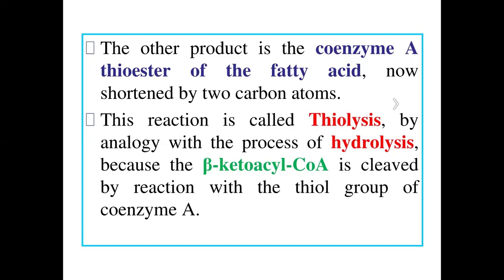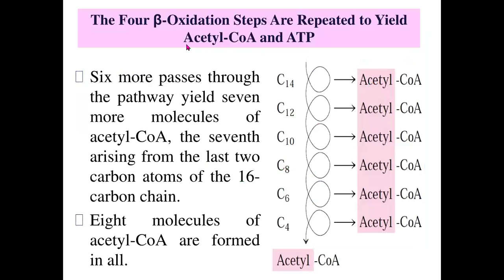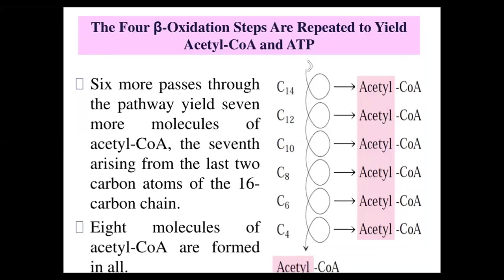Coenzyme A. Now, the 4 beta oxidation steps are repeated to yield a molecule of acetyl-CoA each time, and we have ATP that is produced. And overall, we have 8 molecules of acetyl-CoA that are produced as a result of what? Beta oxidation of palmitic acid.